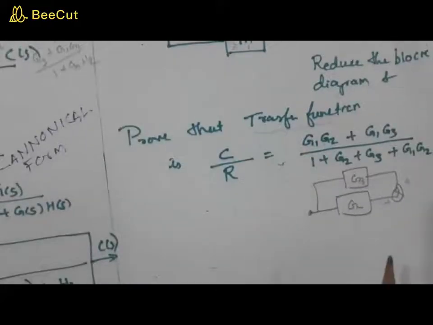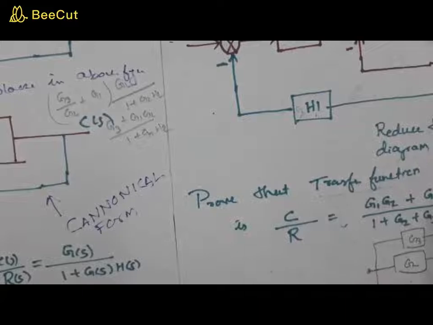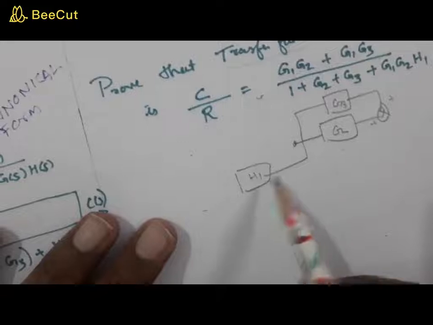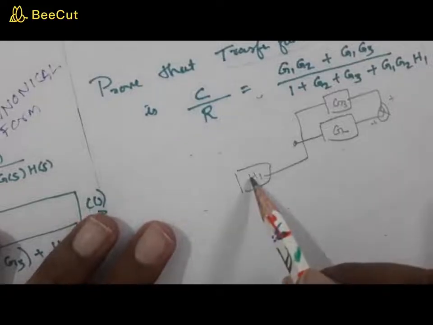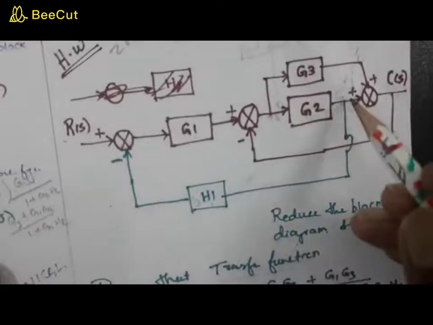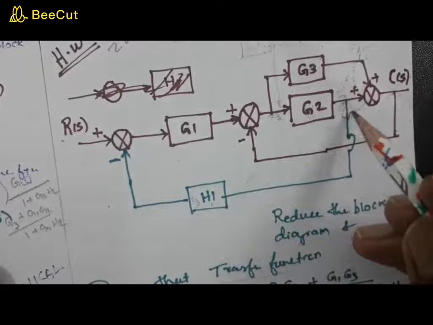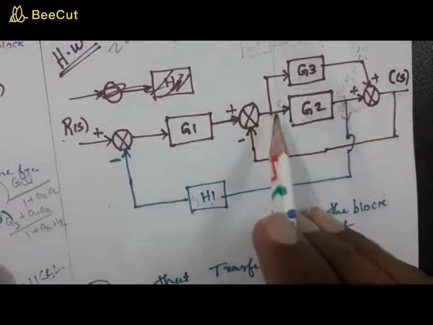That's it. Now if I change this, this will look like this, right? So this H1 will be going like this. Now I want to see that if I change this, the output that is going through this has to be the same.